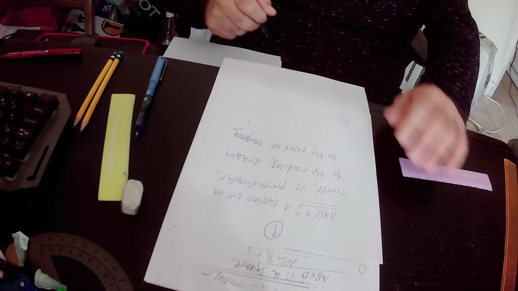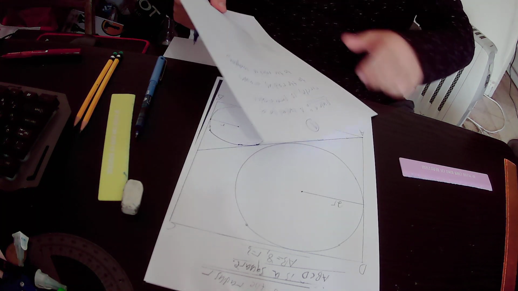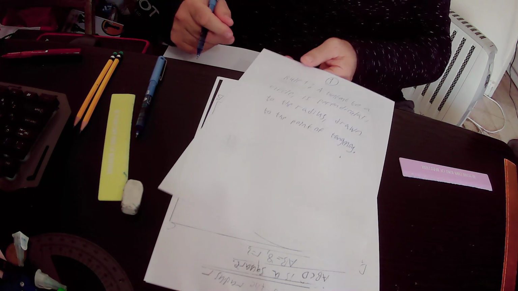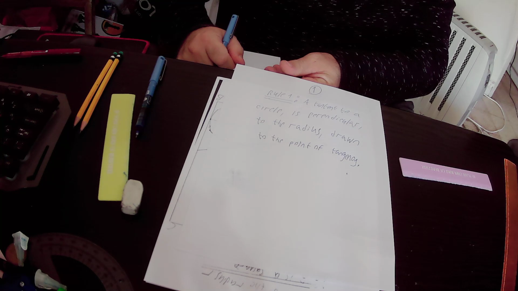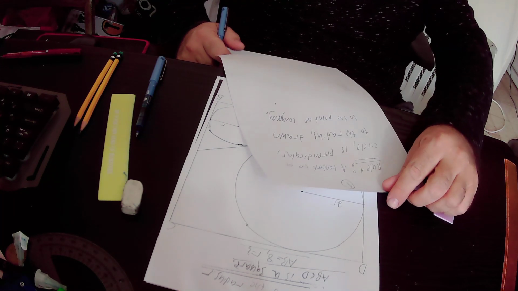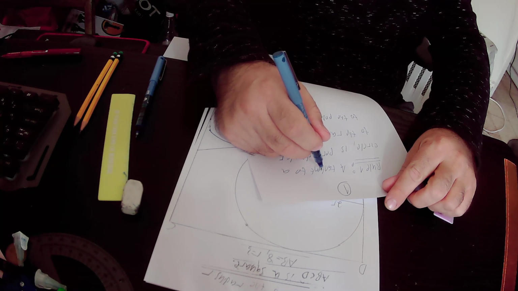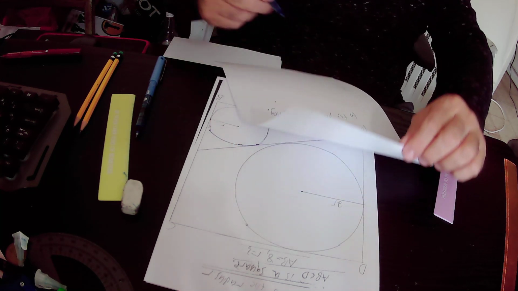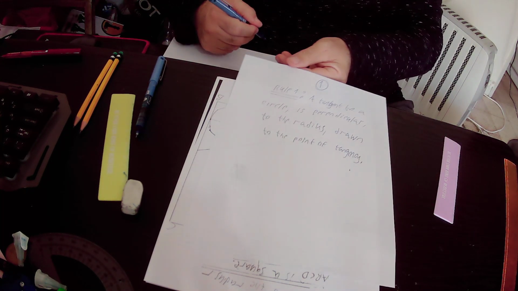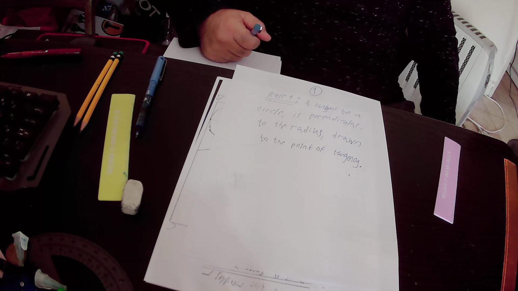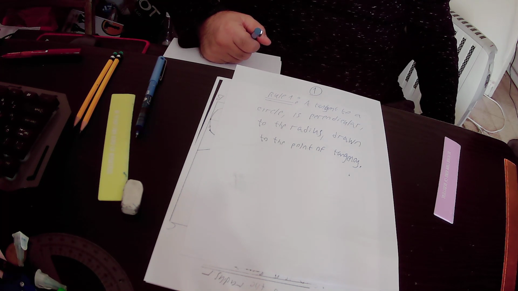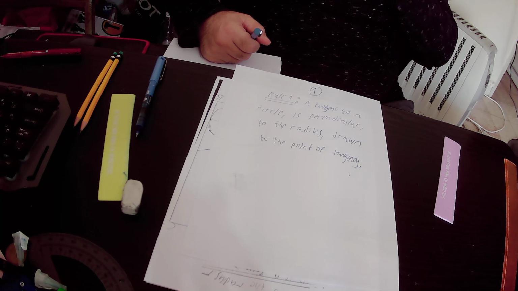So I will read rule number one again. Rule number one states that a tangent to a circle is perpendicular to the radius drawn to the point of tangency.